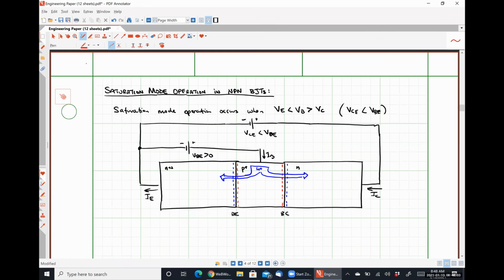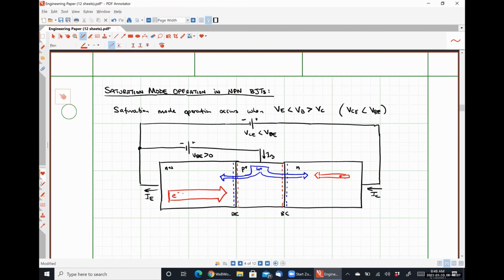We should have some electron flow from the collector to the base. And we should have electron flow from the emitter to the base, right?